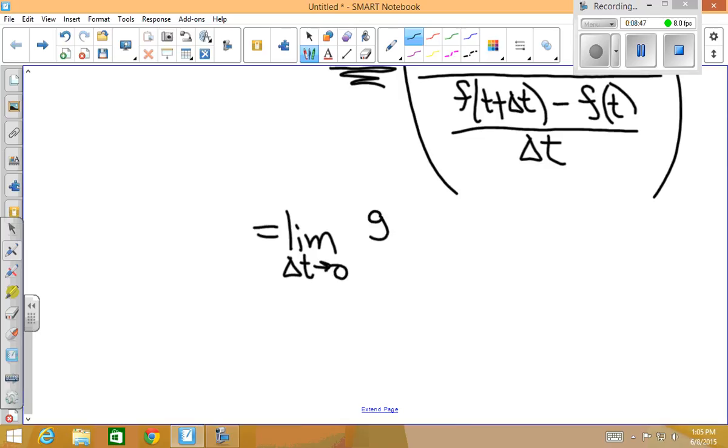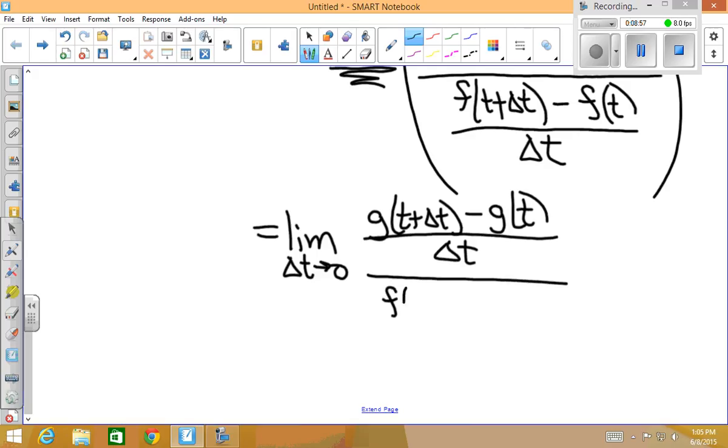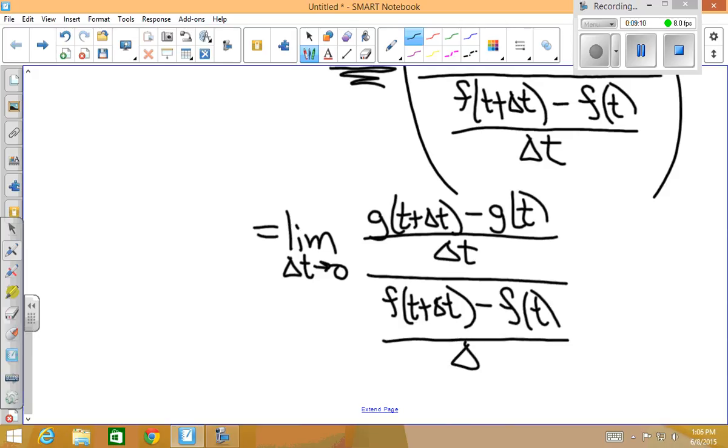So this becomes the limit of g of t plus delta t minus g of t all over delta t, divided by f of t plus delta t minus f of t divided by delta t.